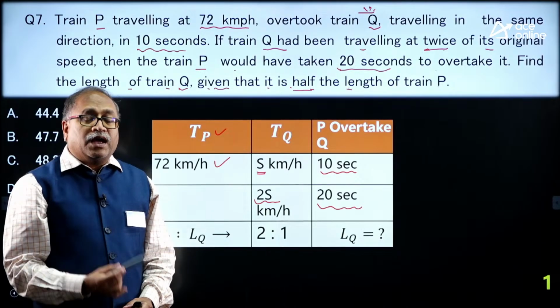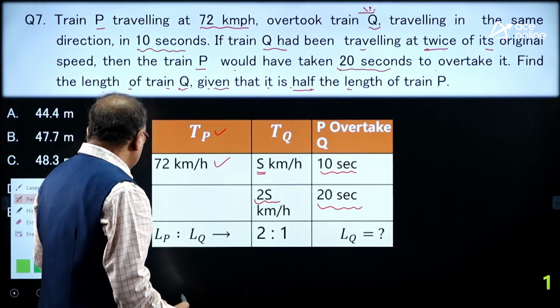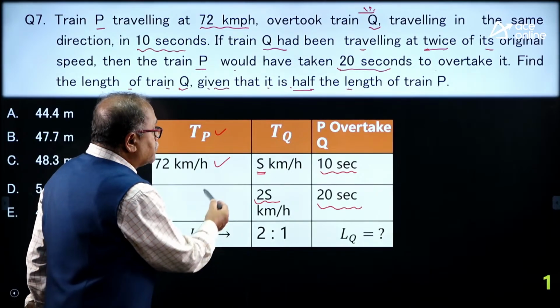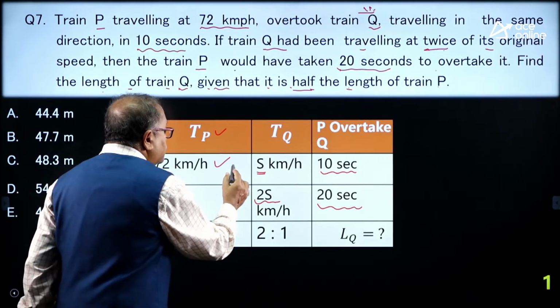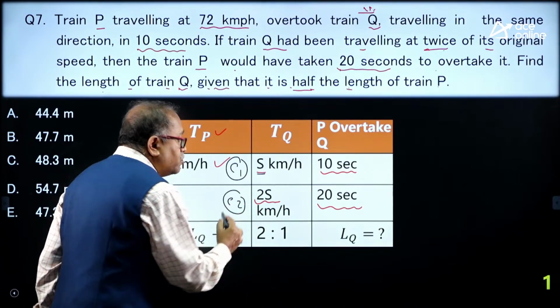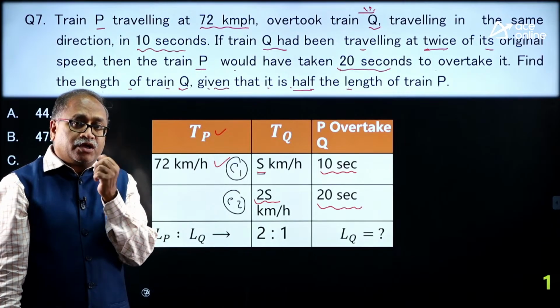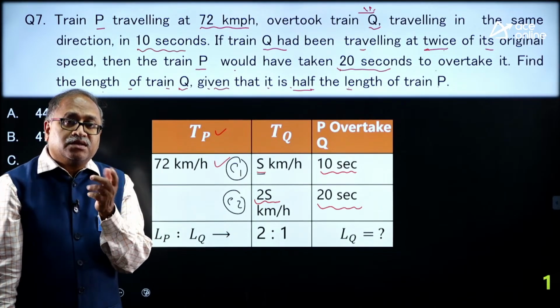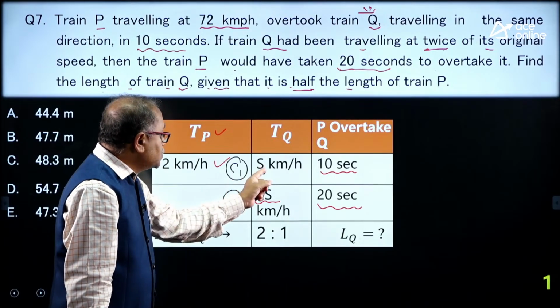Okay, I will give you the clue here. In both the cases the distance is the same. This is case 1, and this is case 2. In both the cases the distance is the same. Now, what is the distance? The distance is equal to speed into time. What is the relative speed here?